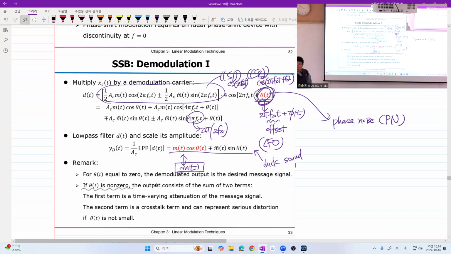So how can we solve this problem? We may have some extra circuit in the receiver that minimizes this theta of t. But is it easy? As I told you, it's not easy. That's the problem. We haven't yet learned the details of any PLL, but I already talked about the phase locked loop.